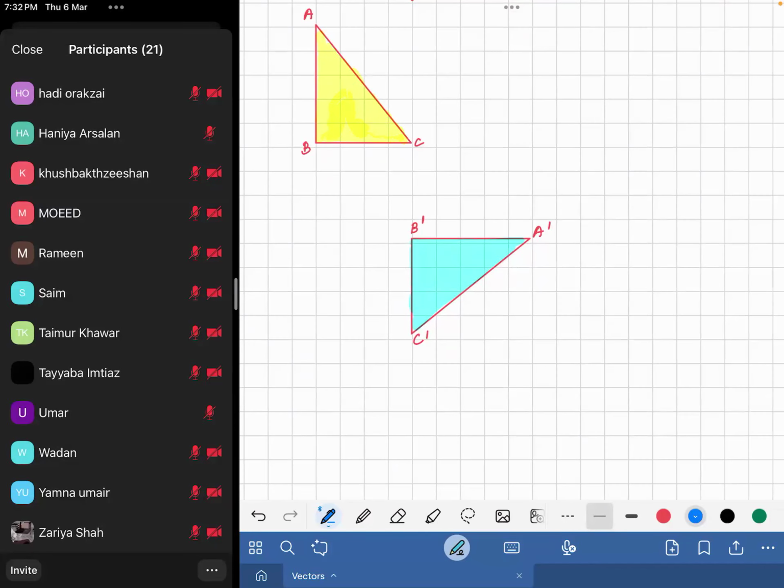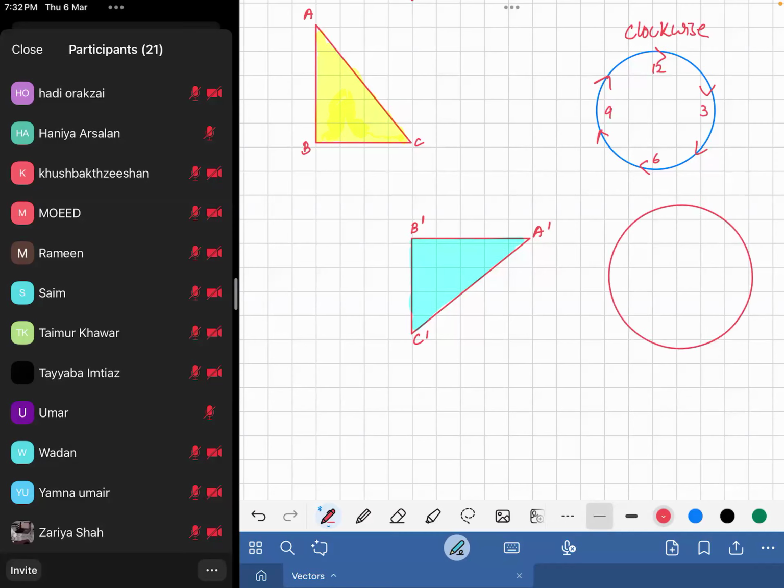Now one more thing. Saim, first of all you need to decide whether it is anticlockwise or clockwise. Clockwise, sir. Okay. If any of you has no idea about clockwise and anticlockwise, let me clarify. Clockwise is a rotation going this way. This is clockwise, the manner of a clock: we have 12 here, then 3, then 6, and then 9 here.